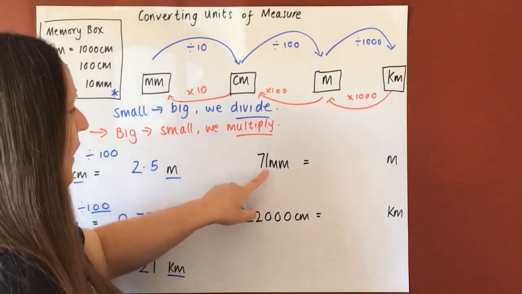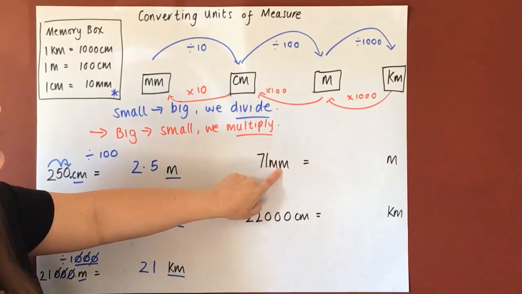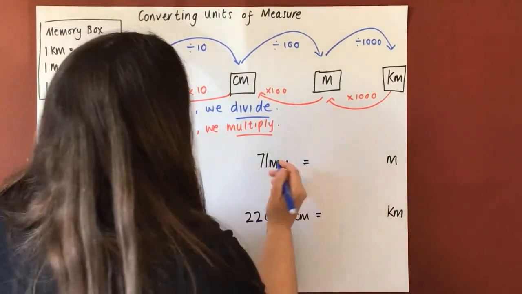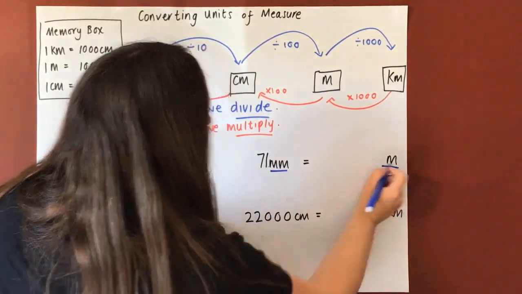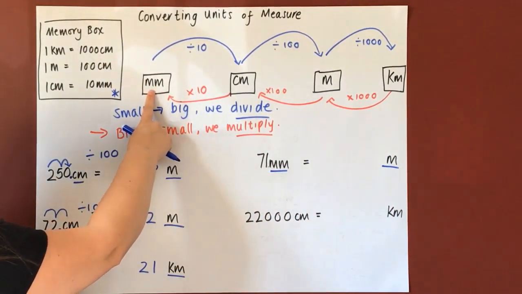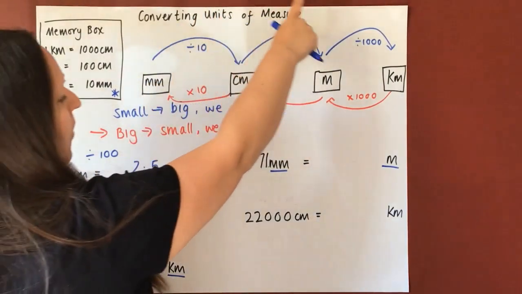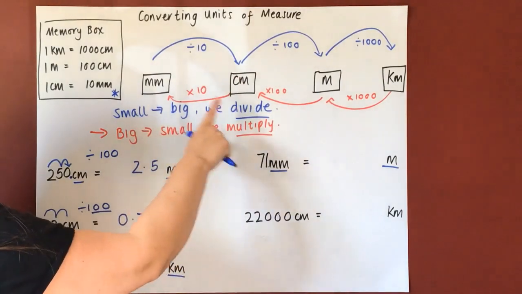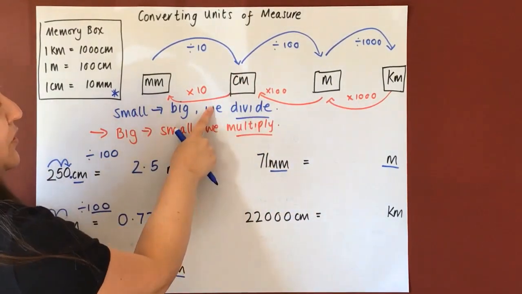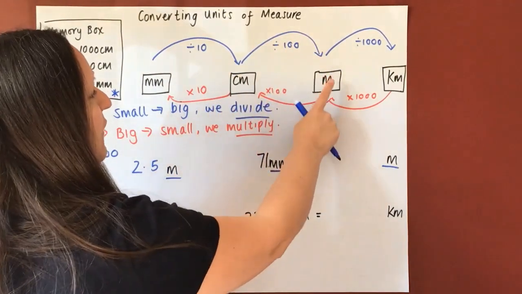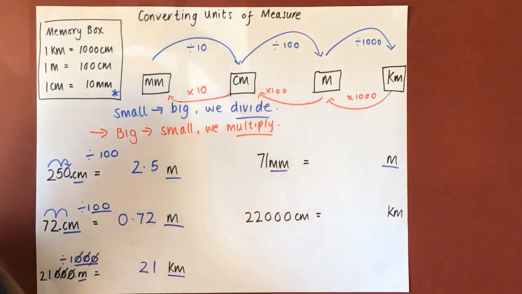Next one, we have 71 millimetres and we need to get to metres. So I'm going to underline my units here and you can see we're going from millimetres all the way to metres. That should tell you that we've got a unit in between, which means we're going to have to do 2 steps before we can convert to our metres.